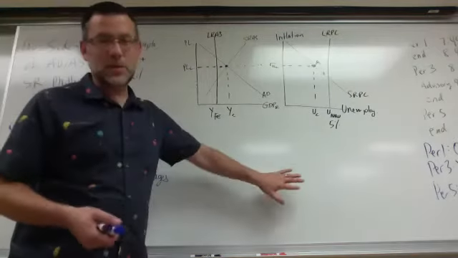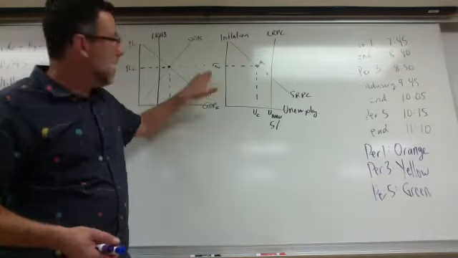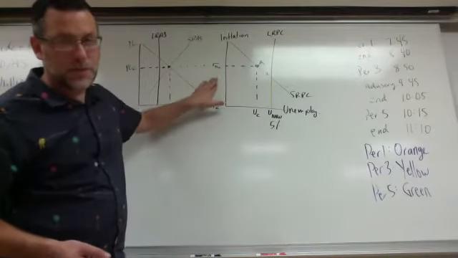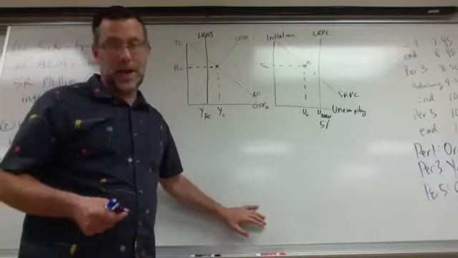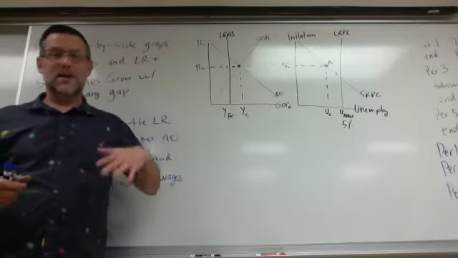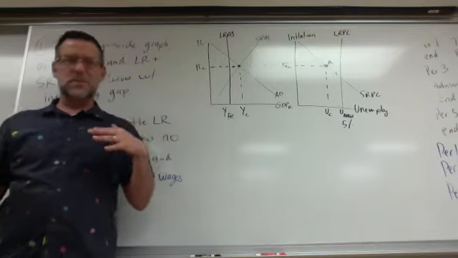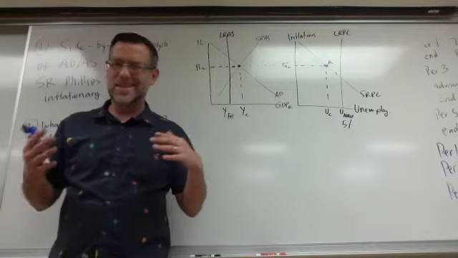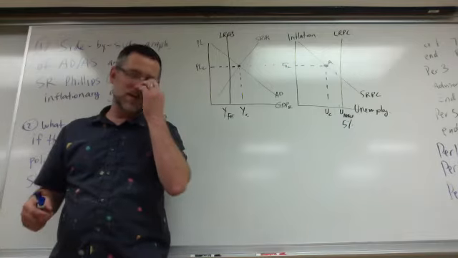Also, if it helps, you can think of it this way. If we have an inflationary gap and the price level is increasing, if inflation is going up, those workers are going to demand higher wages as well. So as long as it's an inflationary gap, that inflation is going to drive up wages as well. The only time that relationship between prices and wages doesn't exactly hold true is when you have stagflation.